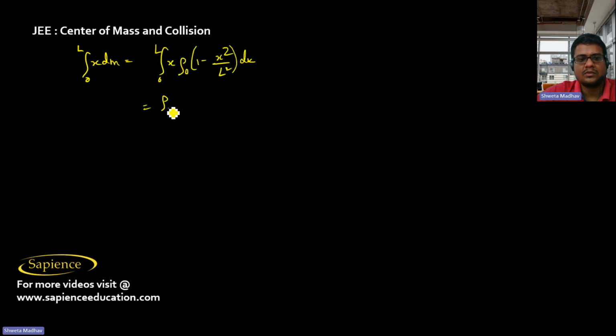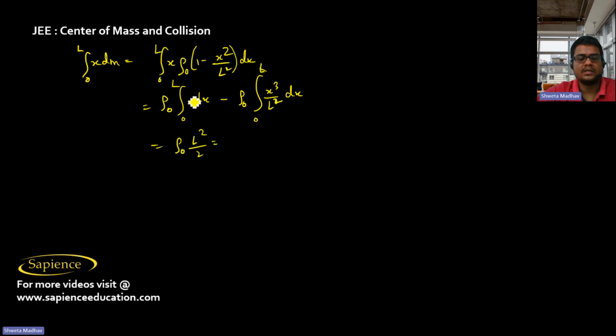So this will be rho naught integral x dx from 0 to L minus rho naught into x cube by L square dx from 0 to L. This will be rho naught into L square by 2, since the integral x dx is x square by 2, minus rho naught by L square into x power 4 by 4, which is L square.